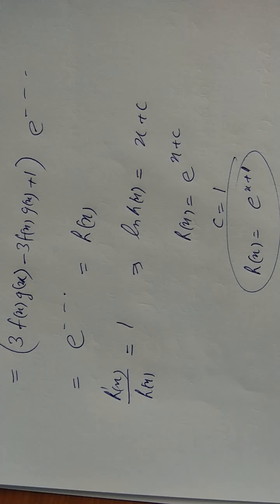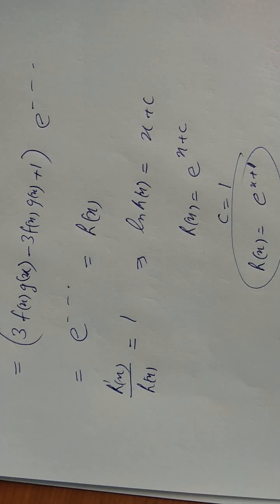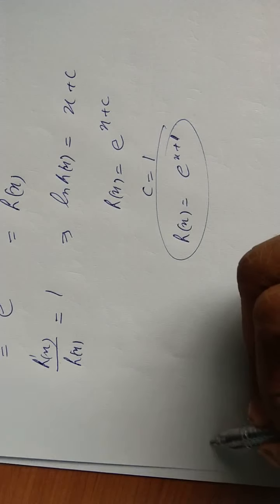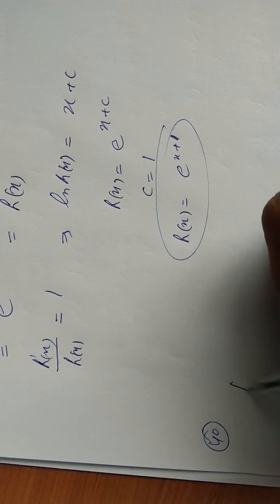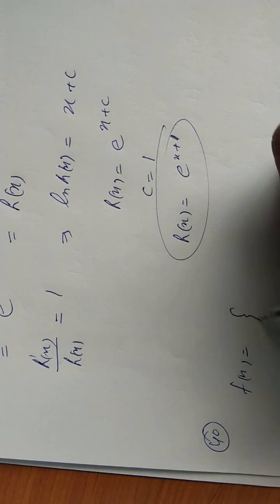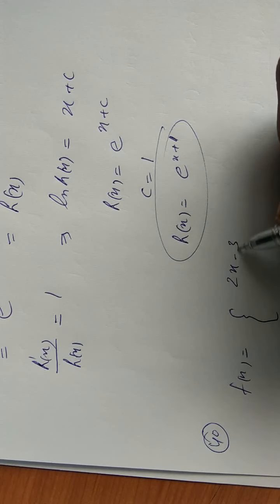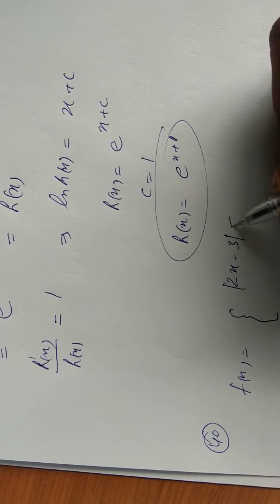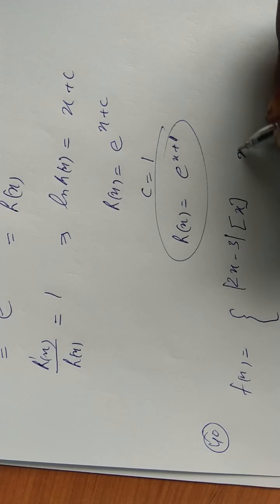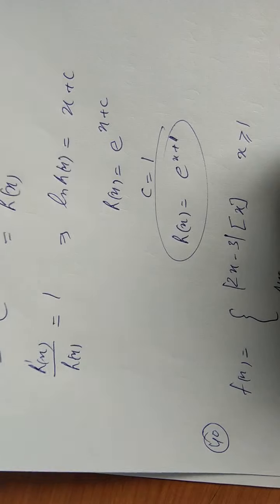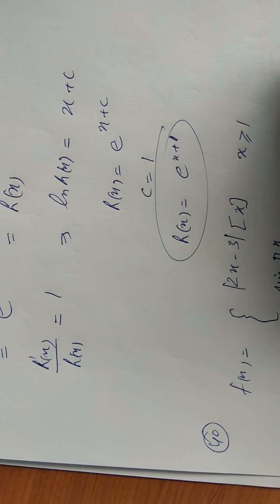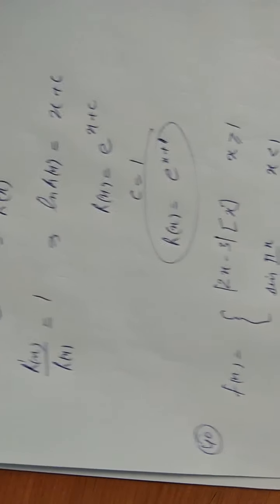Question number 40 says the function this. So we need to check the continuity and differentiability. Okay, so f(x) is equal to 2x minus 3 times the box of x, this is when x is greater than or equal to 1, and sine of pi x by 2 when x is less than 1.